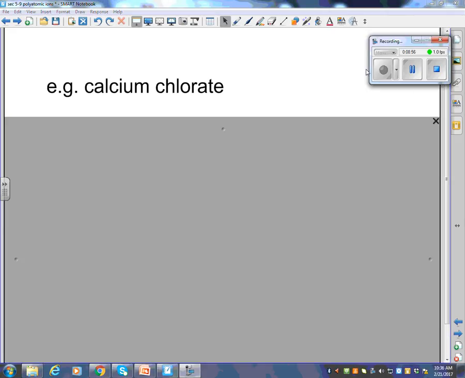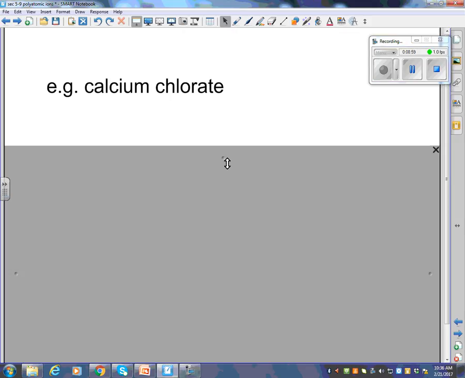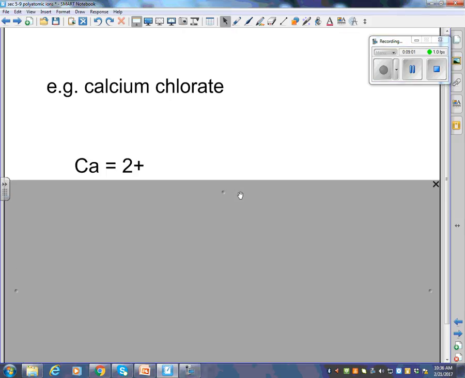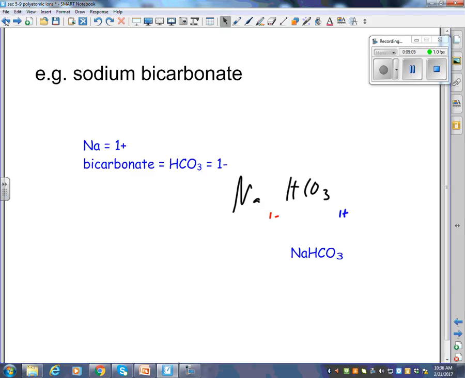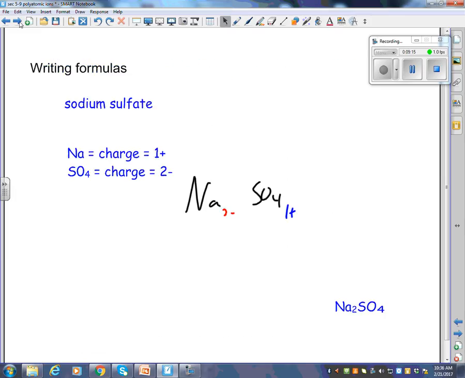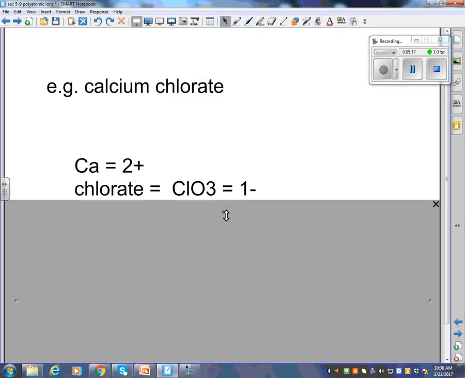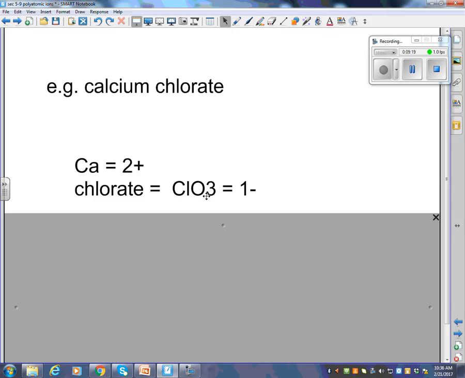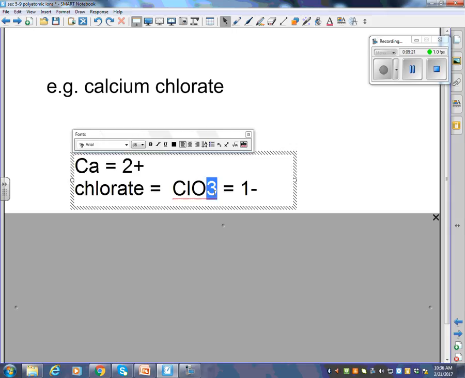Calcium is a 2 positive, column 2. Chlorate is a, I've got to go back. Chlorate is a -1, okay? ClO3, oh, I screwed up here. This should be like that.